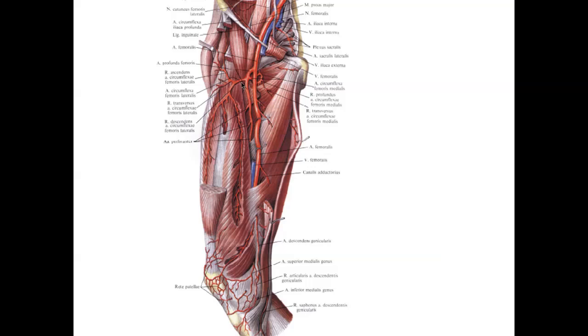This is arteria circumflexa femoris lateralis, and this is the origination of circumflexa femoris medialis, and then it turns to the lateral side and they make a vascular ring around the thigh.